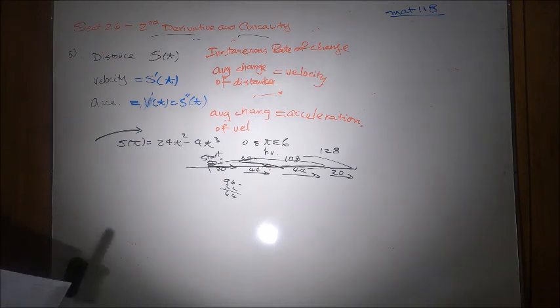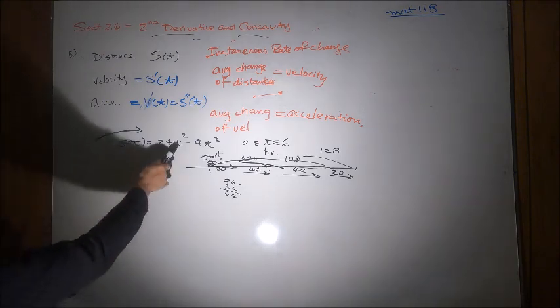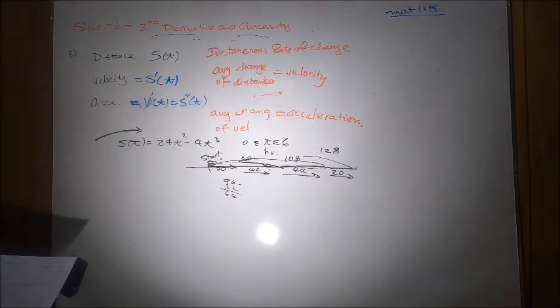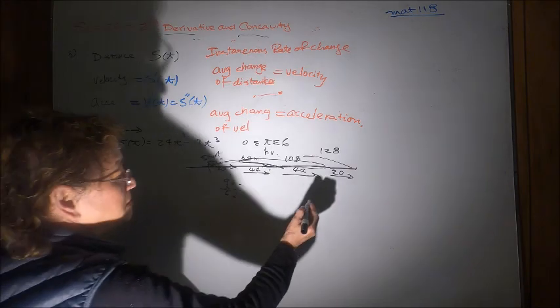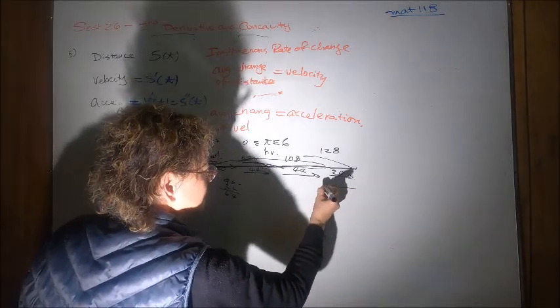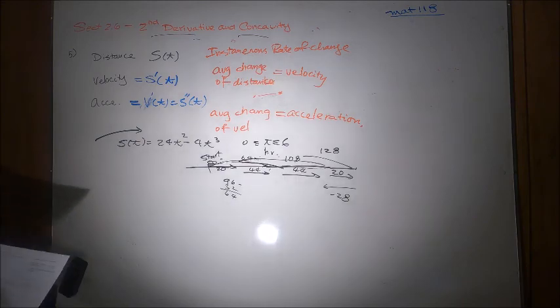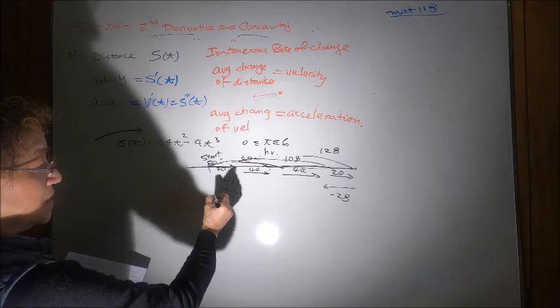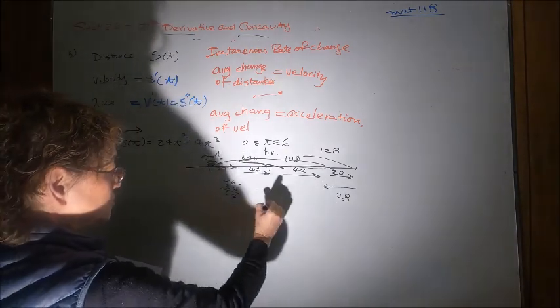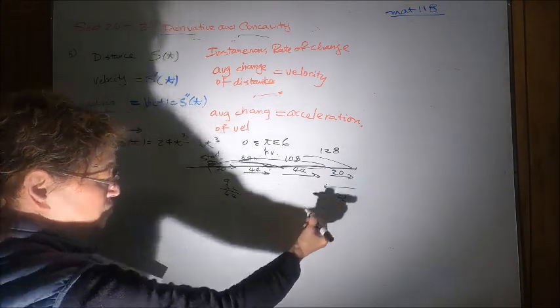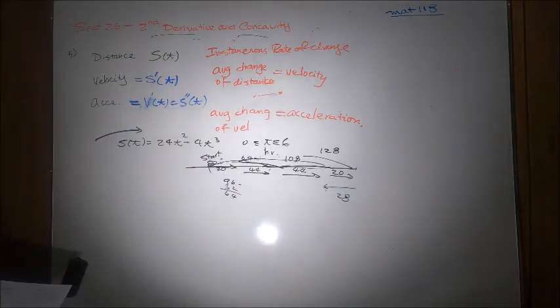Then when you plug in the 5, you will find out it is negative 28. Because that will be the total distance, and they'll be driving this way.